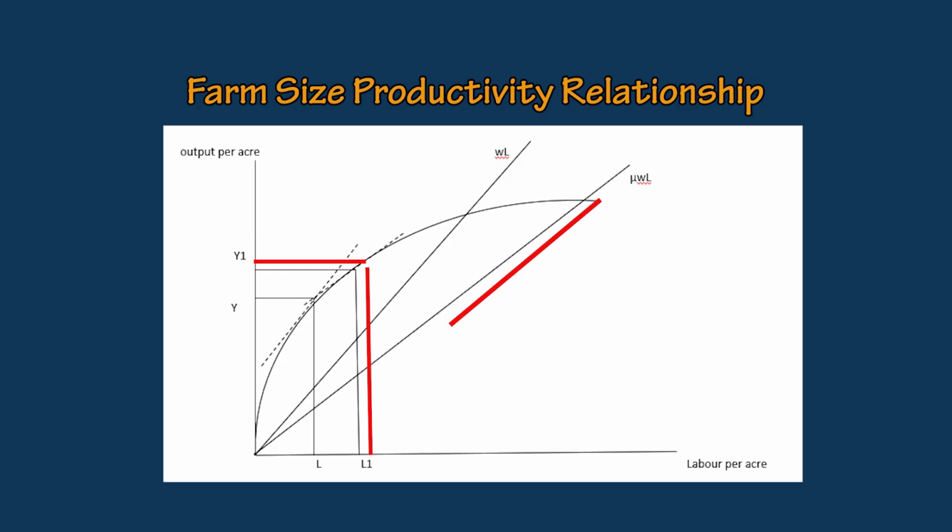Now, if we compare L and L1, we find that L1 is higher compared to L, and by similar reasoning, we find Y1 is higher compared to Y. That means the output per labor for the family cultivated small farm is greater than that of the large farm. In other words, this means that small farms are more productive compared to the large farms.